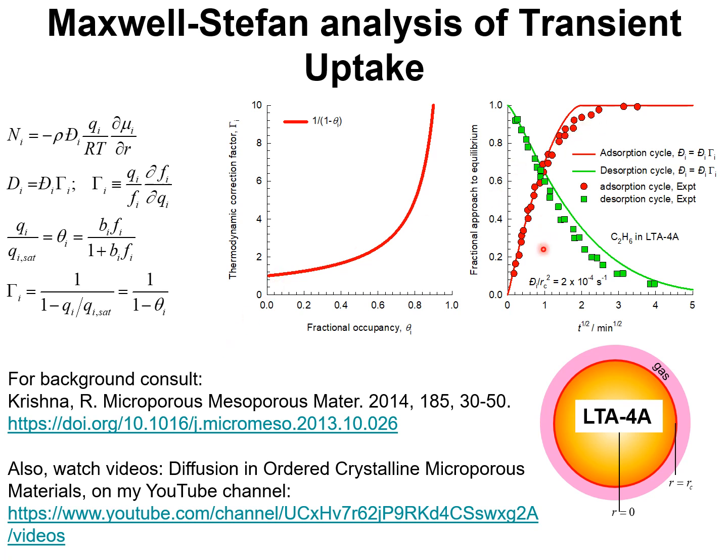And the adsorption and desorption cycles can both be modeled reasonably accurately with the value of the Maxwell-Stefan diffusivity divided by the square of the crystalline radius equal to 2 times 10⁻⁴. And the reason that the adsorption kinetics is faster is due to the influences of the thermodynamic corrections.